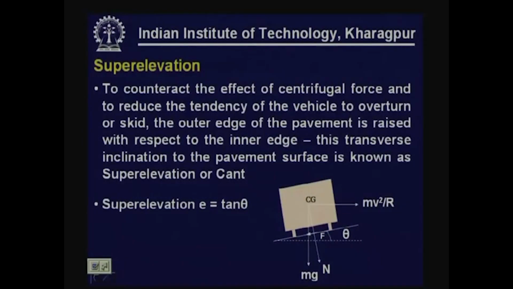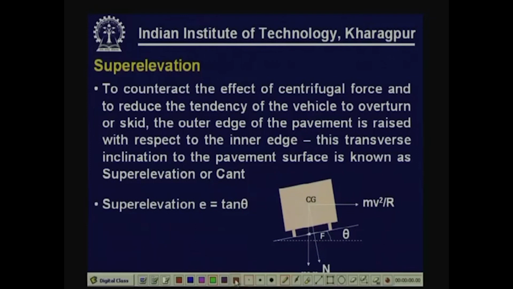Now, to counteract the effect of centrifugal force and to reduce the tendency of the vehicle to overturn or skid, the outer edge of the pavement is raised with respect to the inner edge, and this transverse inclination of the pavement surface is known as super elevation or cant. That means, earlier we considered a vehicle like this.